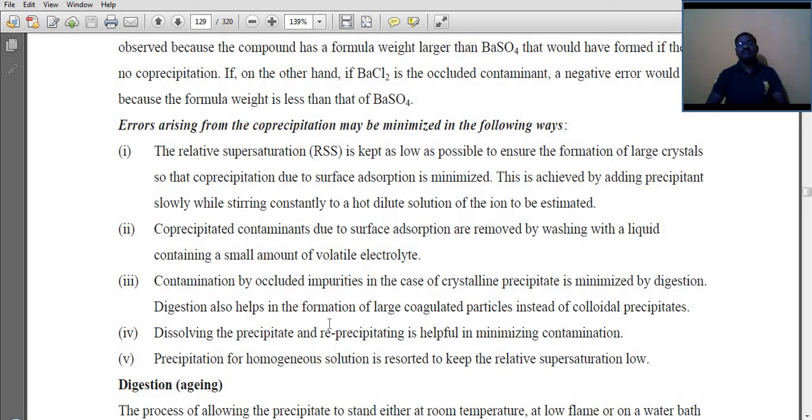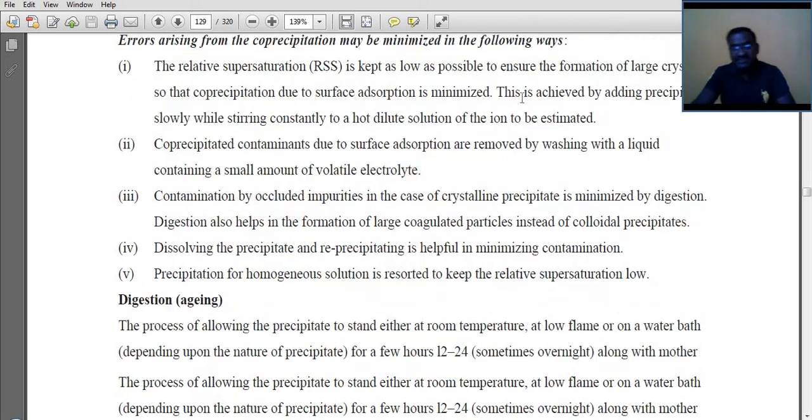Digestion also helps in the formation of large coagulated particles instead of colloidal particles. Dissolving the precipitate and reprecipitating is helpful in minimizing contamination. Precipitation from homogeneous solution is resorted to keep the relative supersaturation low. These are the ways errors arising from co-precipitation may be minimized.